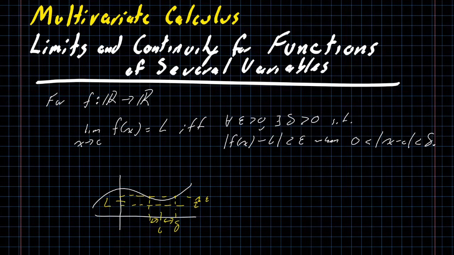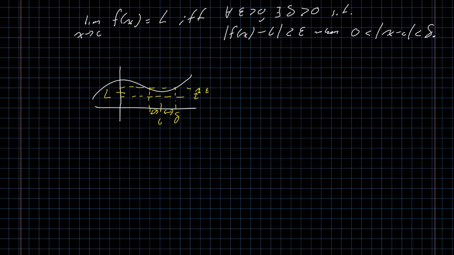In a function of several variables, that can get to be a little bit tricky. So let's start by thinking about what the picture is going to look like, and then see if we can figure out what the definition should look like from there.